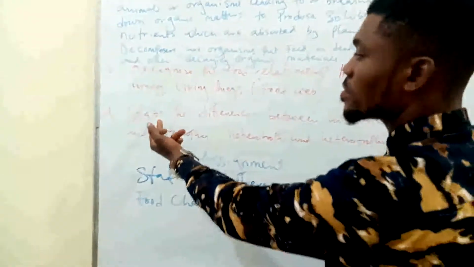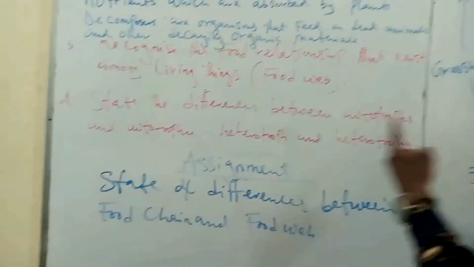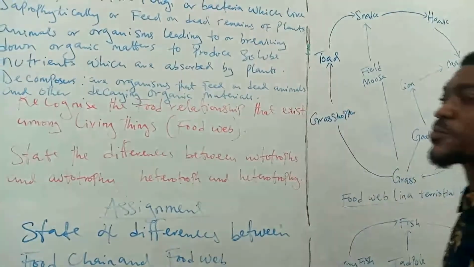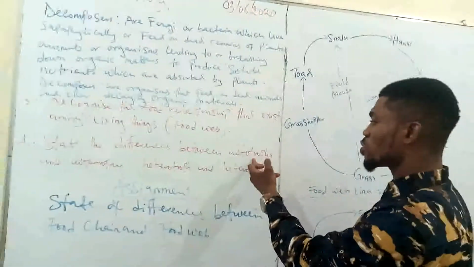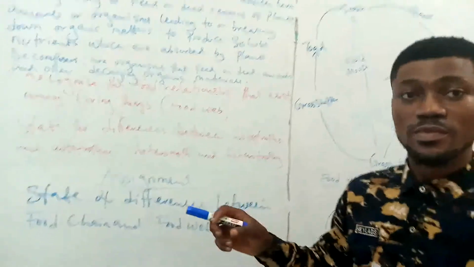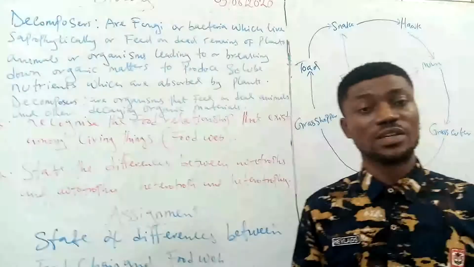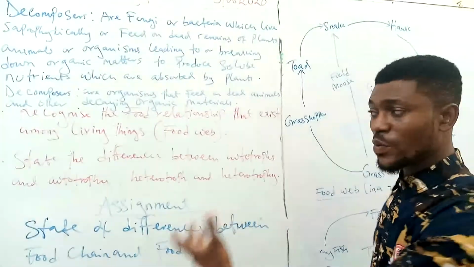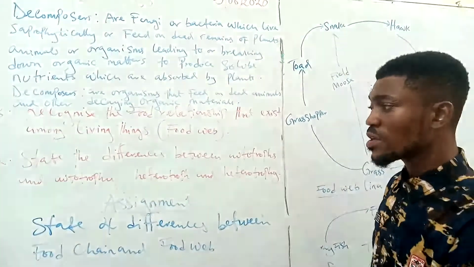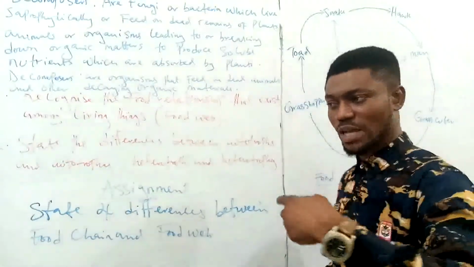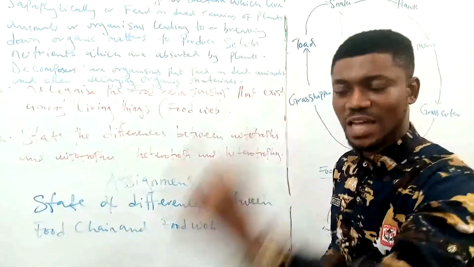Okay, let's take a listen. The last objective here is to state the differences between autotrophs and autotrophy, heterotrophs and heterotrophy. Now listen. Autotrophy has to do with the process by which an organism manufactures its food through a process called photosynthesis, while autotrophs are the organisms that carry out that function.